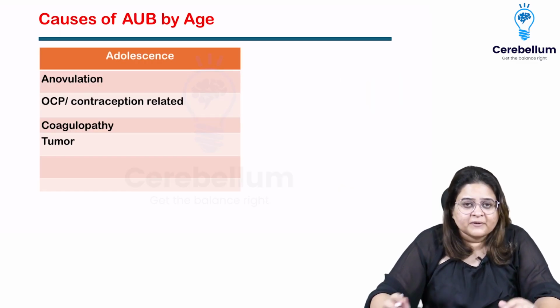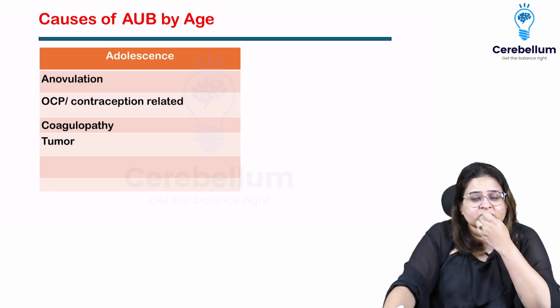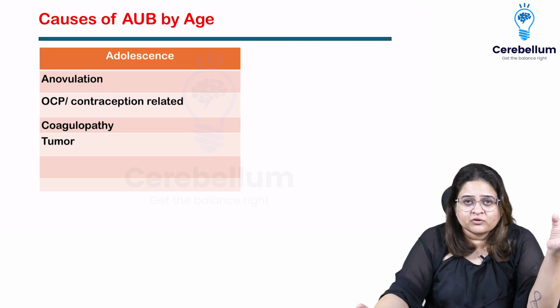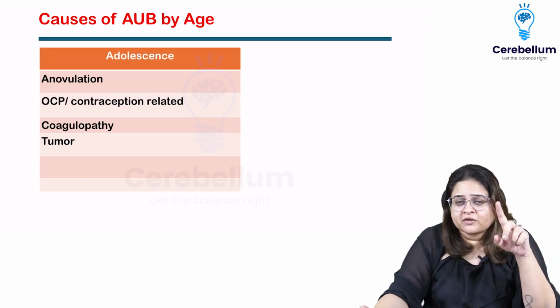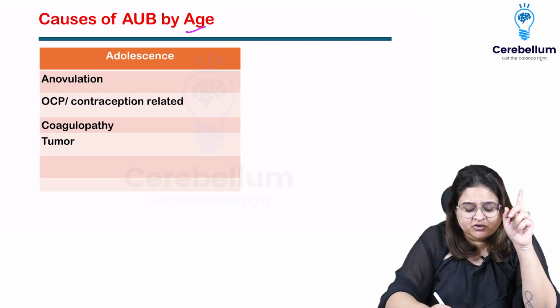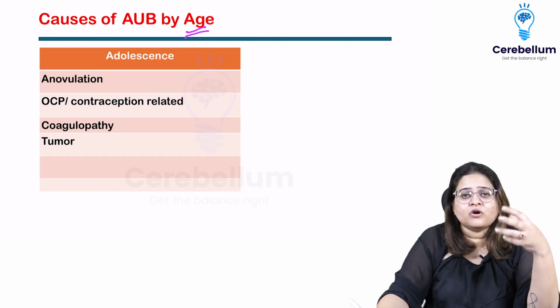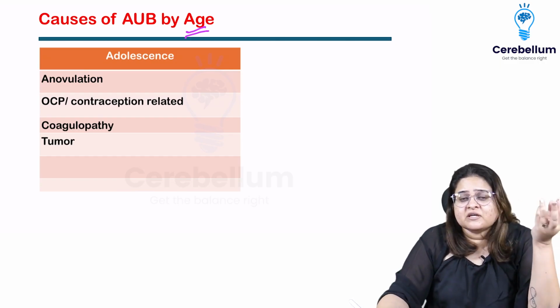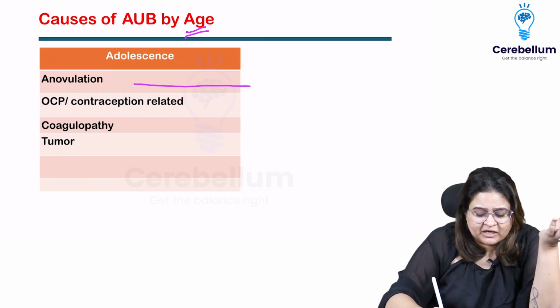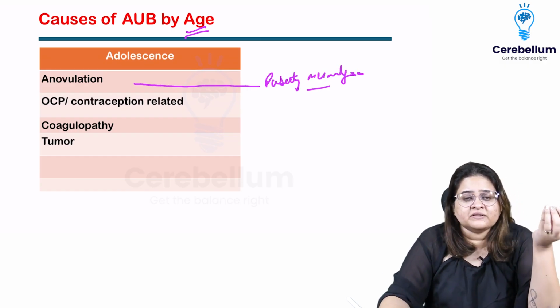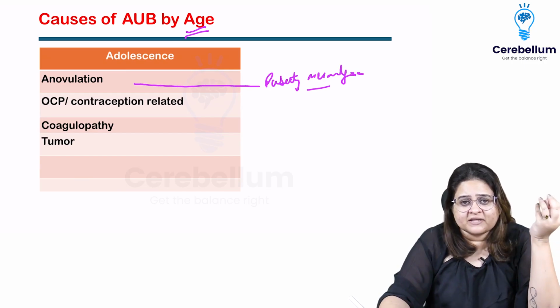Now, a common question which comes is clinical questions, and they will give you a scenario of AUB. One of the important things when you get a question on AUB is always look at the age of the patient mentioned, because certain things are more common in certain age groups. If she's in the adolescence, you think of anovulation. So the commonest cause of AUB in the adolescent period is an anovular cycle.